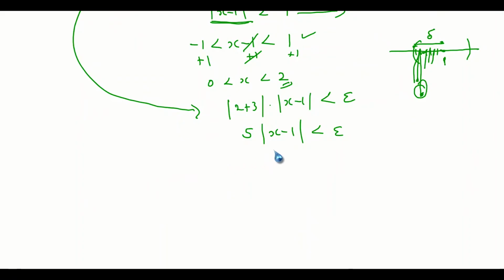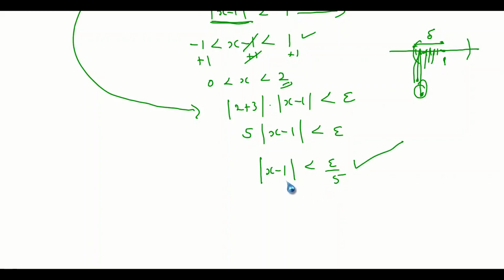Let's proceed. Now I can divide both sides by 5, so it means the absolute value of x minus 1 will be less than epsilon over 5, if you divide through by 5. I'm sure this is not new to you now.